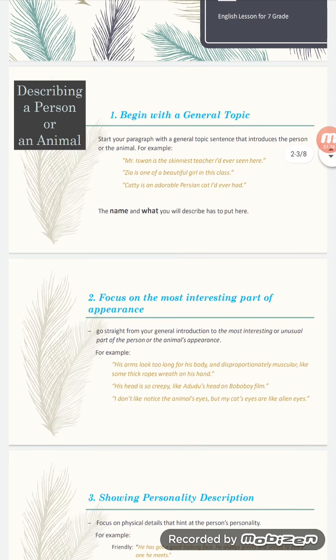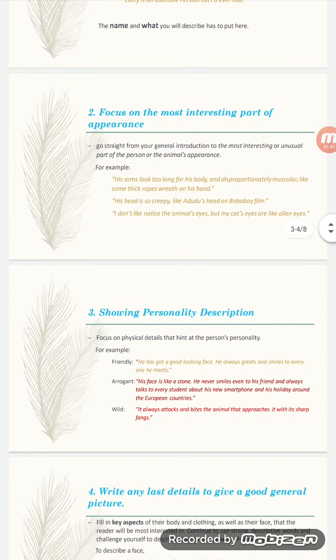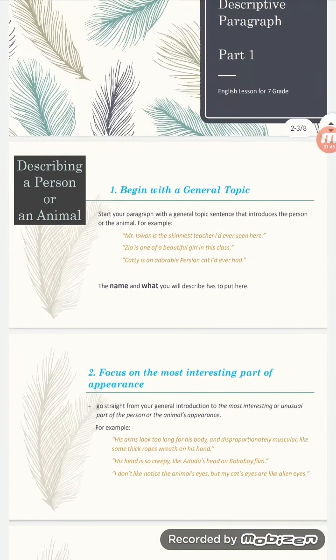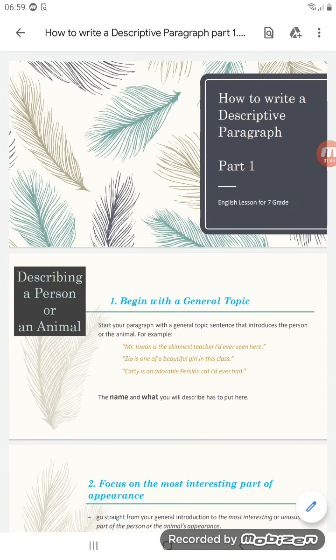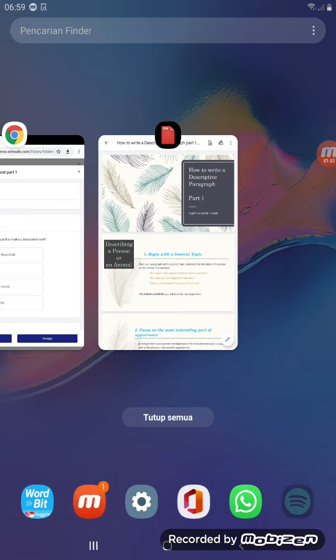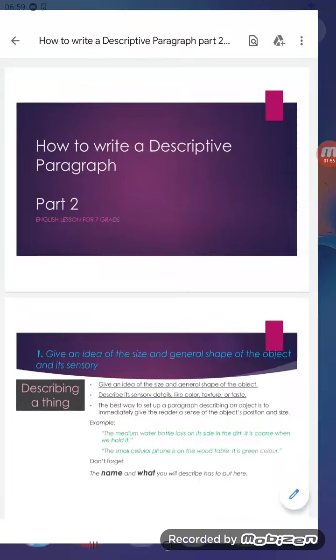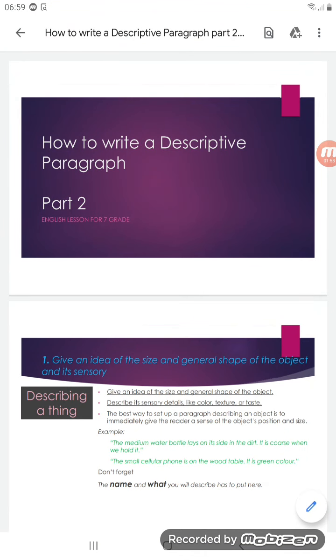Begin with a general topic, then focus on the most interesting part of appearance, then show personality description, and the last detail gives a good general picture. You can find it here. Then the second part of the slide: part 2, describing a thing.